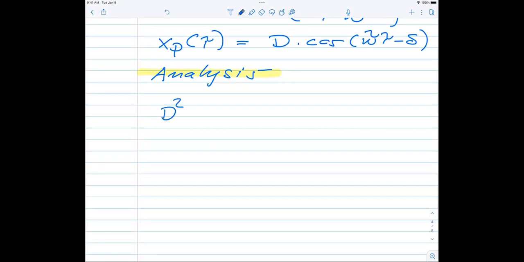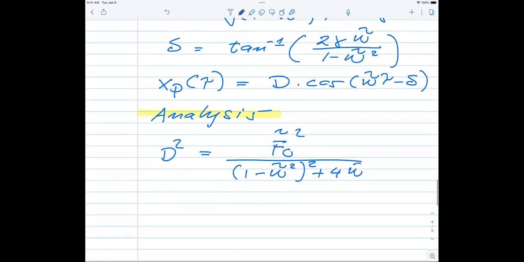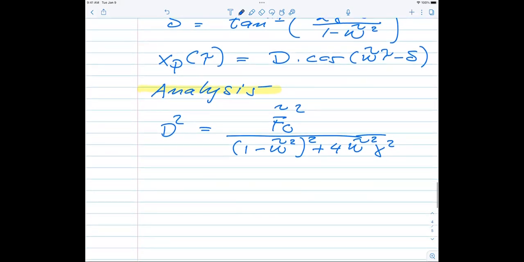We square d, so that we have f tilde squared divided by 1 minus omega squared, plus 4 times omega squared times gamma squared. And what is common to do now is to introduce, and if you go into different textbooks, you will often see that people introduce something which is called a damping constant.